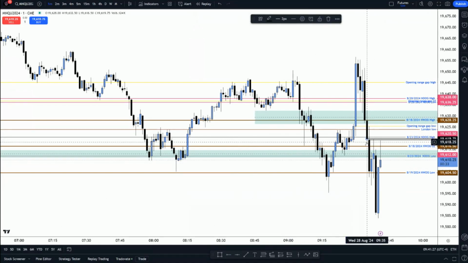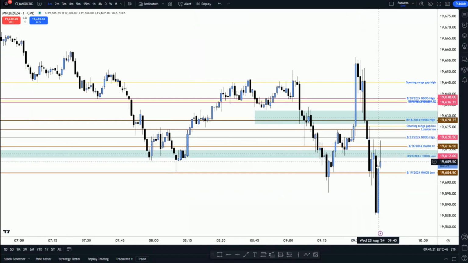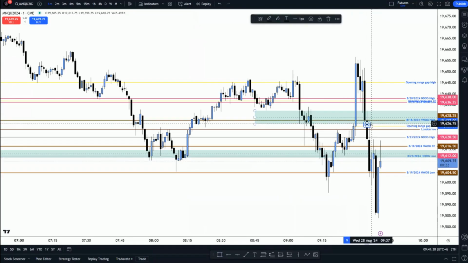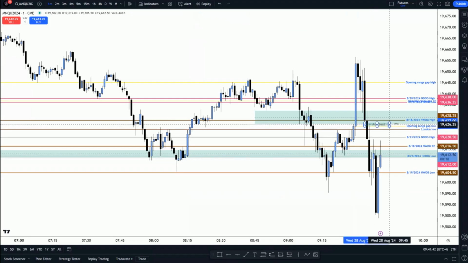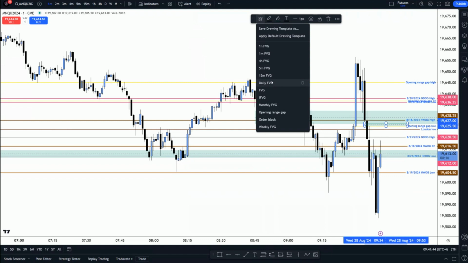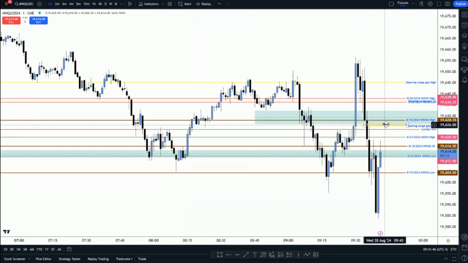So see it go through there. We got a little gap here. So what I would like to see is it come through this volume imbalance, invert this gap right there. Make that an inversion fair value gap right there.